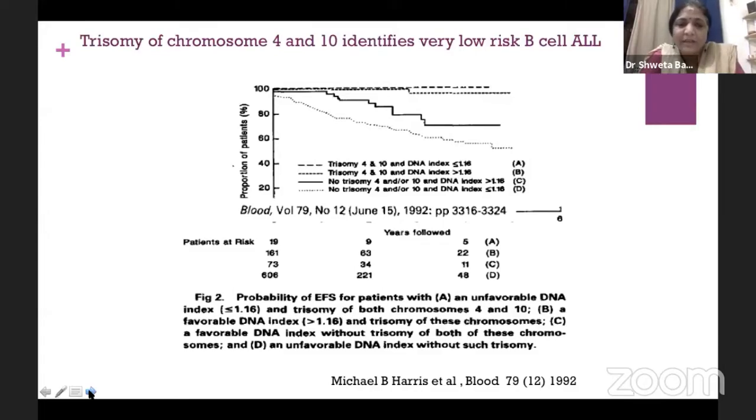So trisomy 4 and 10 is a more robust prognostic marker. Patients who had no trisomy but a higher or lower DNA index did almost the same. Worse were the patients who had a DNA index of less than 1.16. So if you have no trisomy and a DNA index of less than or equal to 1.16, you are going to do the worst.